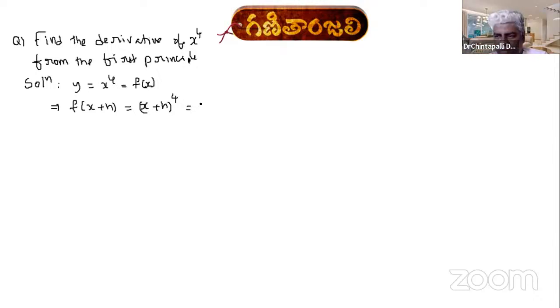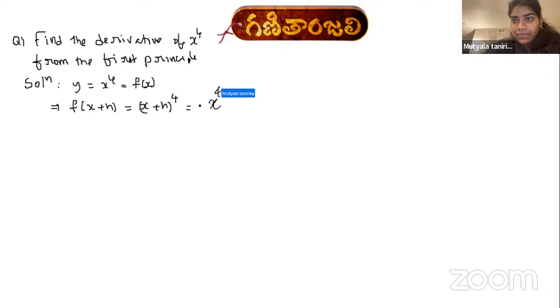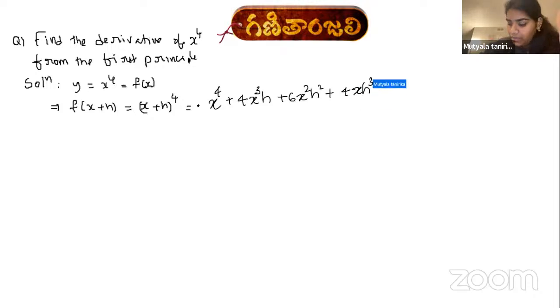What's its value by using that formula? x to the power 4 plus 4 times x cube h plus 6x square h square plus 4x h cube plus h to the power 4.